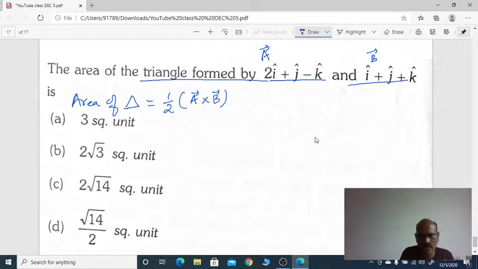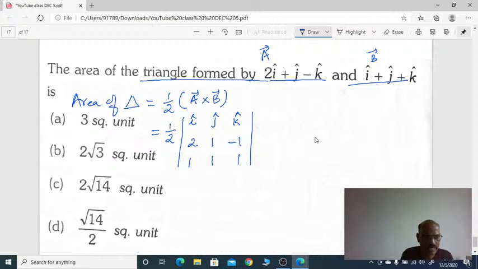So A vector cross B vector cross product equal 1 by 2 into, as a cross product we can go for matrix method, i cap, j cap, k cap. Here first you see 2, 1, minus 1. First A vector 2 i cap, j cap 1, k cap minus 1. Go for B vector, i 1, j also 1, k also 1.